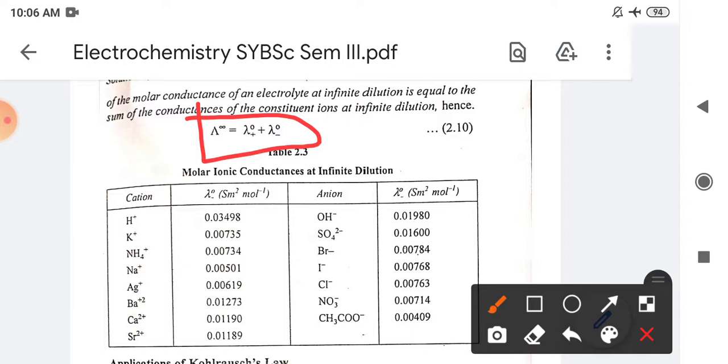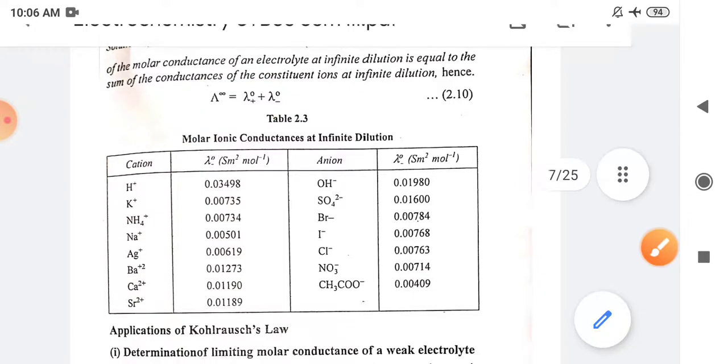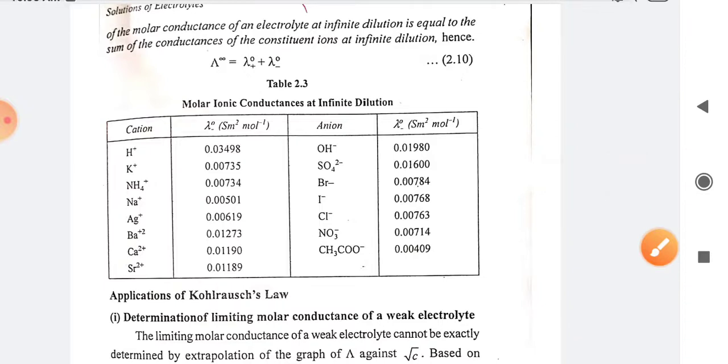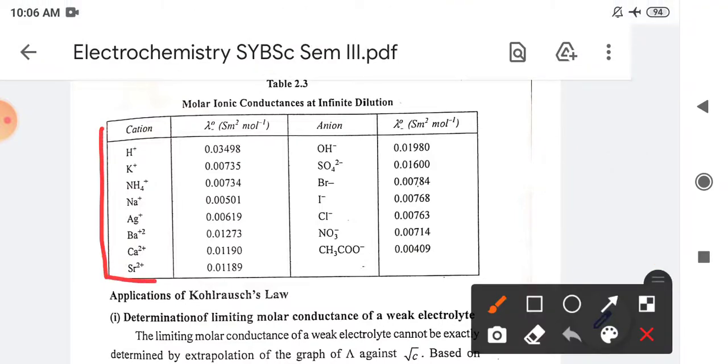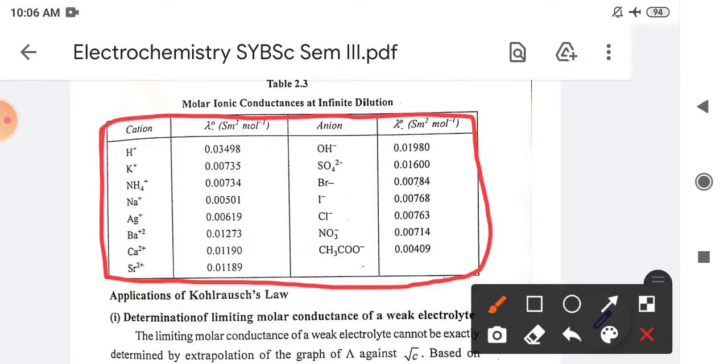So lambda m naught is equal to lambda naught of cation plus lambda naught of anion. Experimentally we have already found the values for the given ions, like H plus, K plus. These are easily obtainable values because they are contained in the salt or strong acid as such.